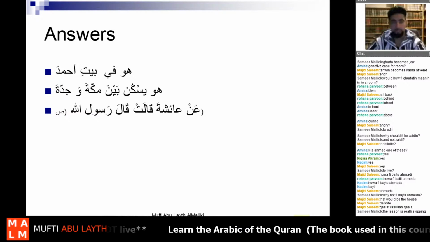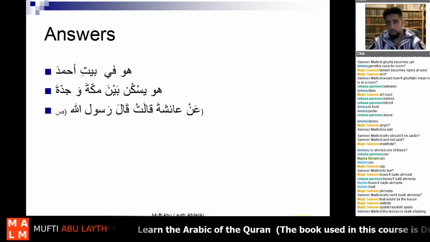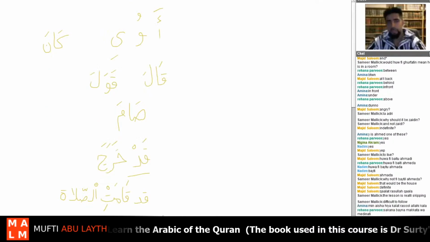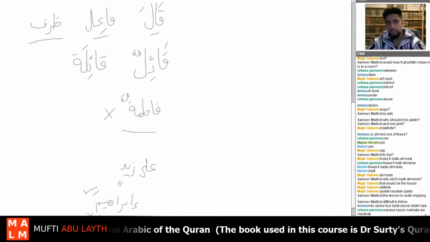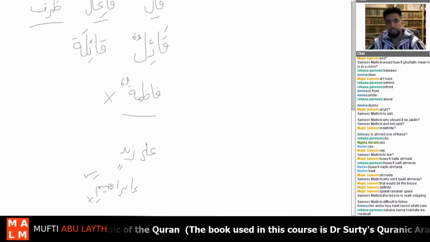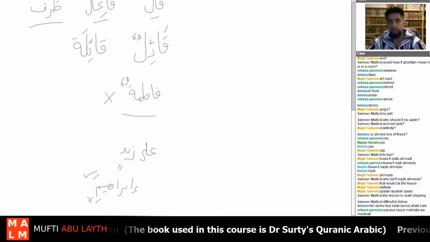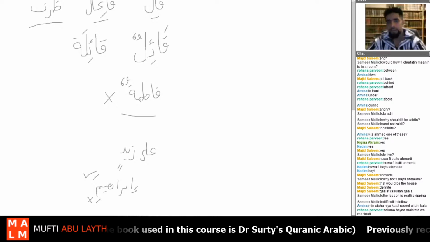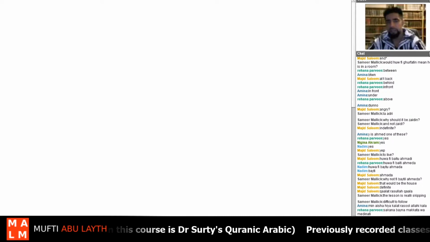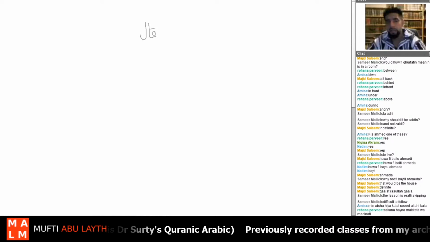قال رسول الله صلى الله عليه وسلم. But you see this structure quite a bit, and this is why I wanted you to become familiar. You read in the hadith quite often that when they're quoting a hadith, let's say Abu Huraira said something, they'll say قال عن أبي هريرة, from Abu Huraira, قال قال رسول الله صلى الله عليه وسلم.